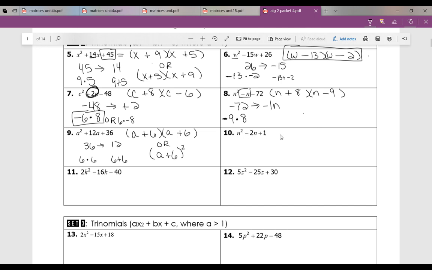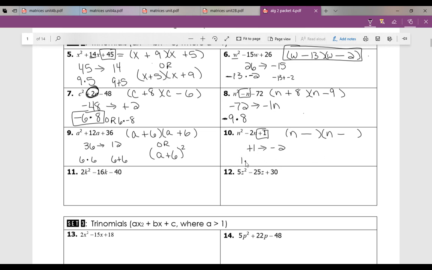All right. What are my signs for number 10? Both negative. Since my A value is positive, a negative times a negative produces a positive. I'm going to split that in. I need factors of 1 that add up to negative 2. There's only one factor of 1. 1 times 1, correct?